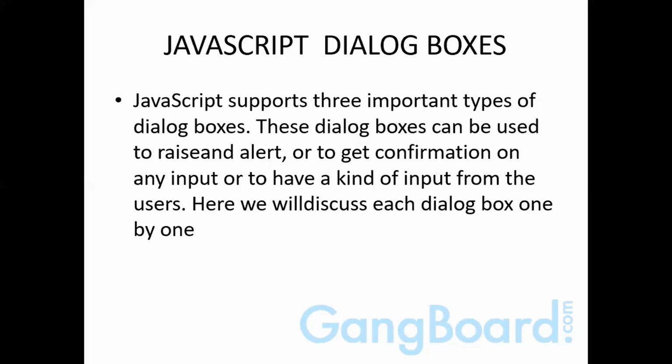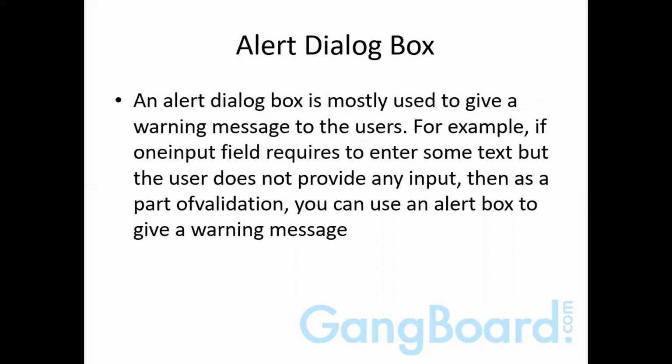This kind of confirmation box we can display using JavaScript. Also, we can get input from the user. Here we'll be discussing each and every dialog box, so we'll see the dialog box types one by one.